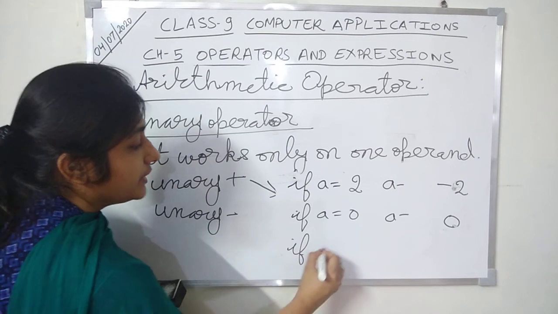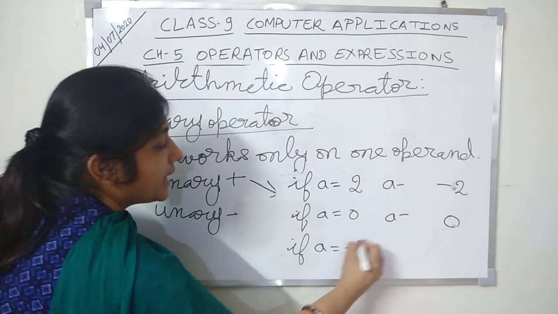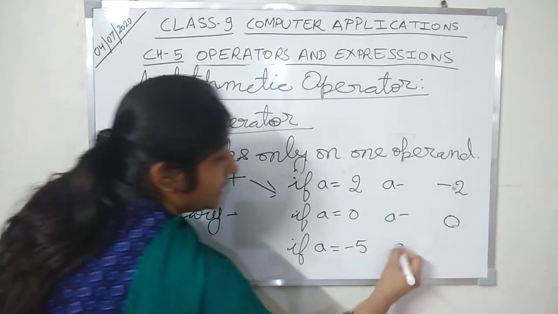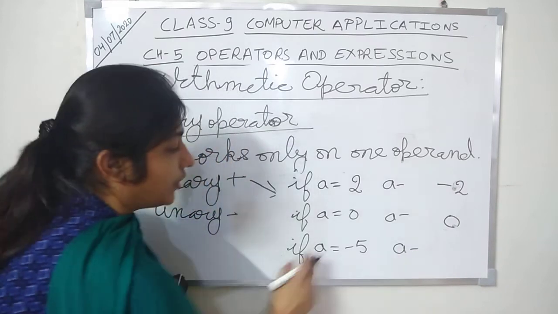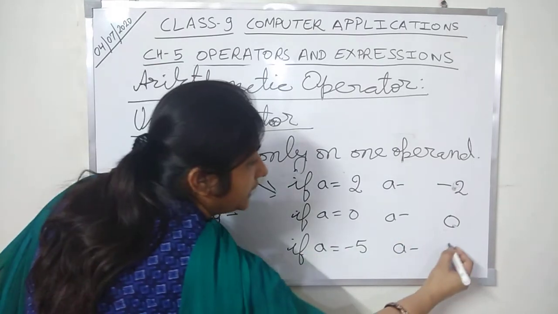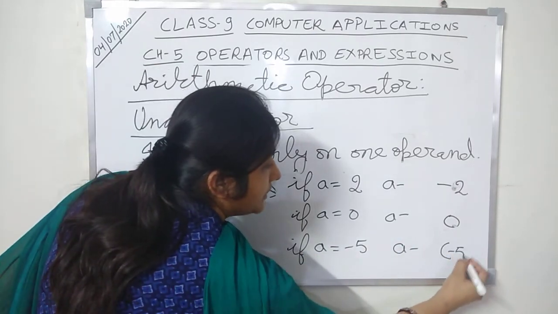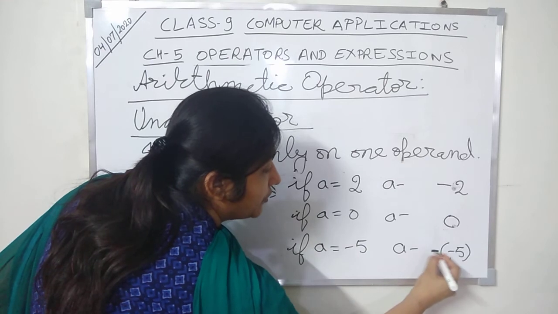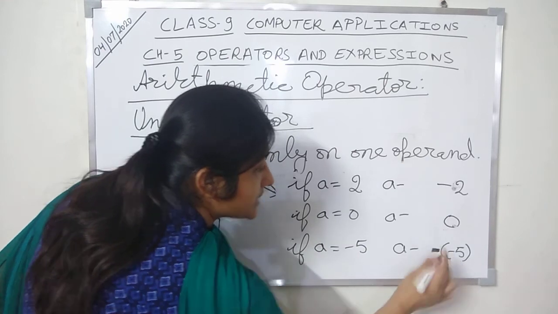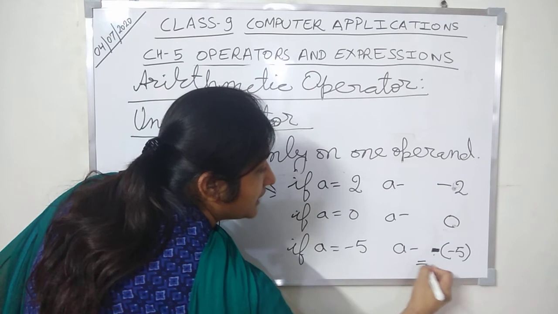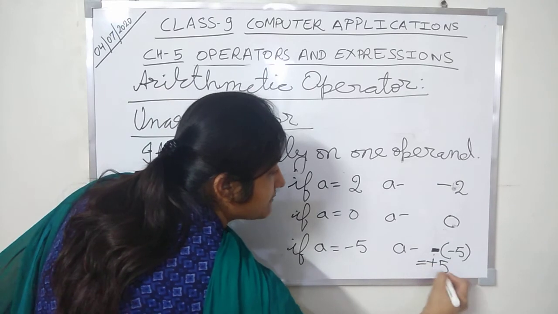But if A is equal to minus 5, then unary minus A will be minus of minus 5, so its final value will be plus 5.